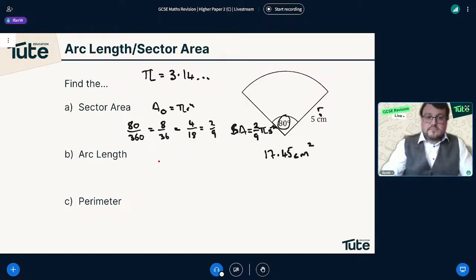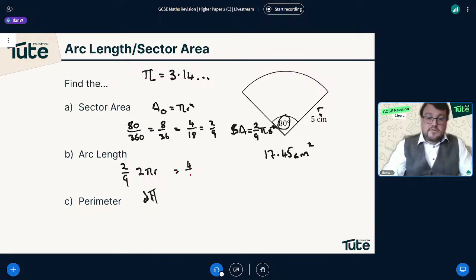Arc length is the same, all right? Arc length is, well, we've got 2/9 of 2 pi r, or diameter pi, sorry. Depends on which formula you're used to. 2 times 2 is 4.